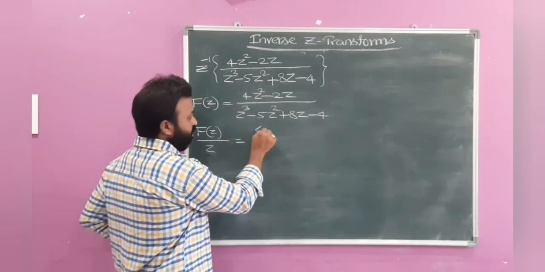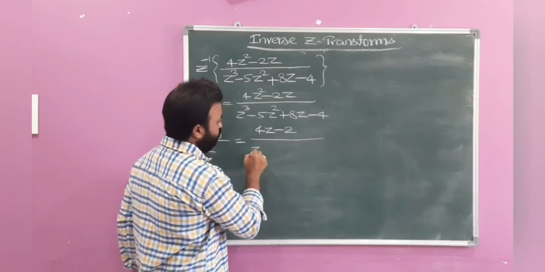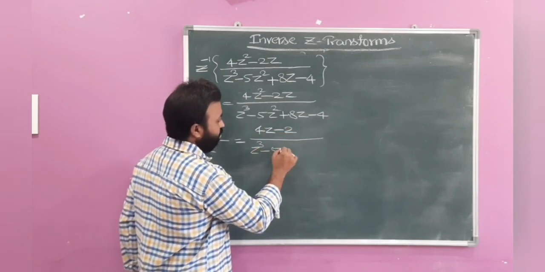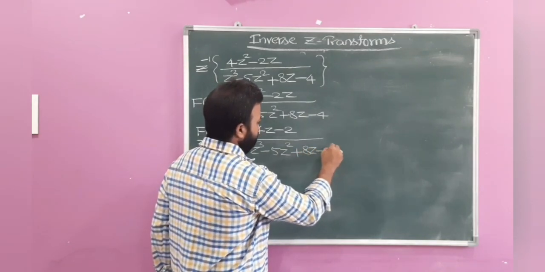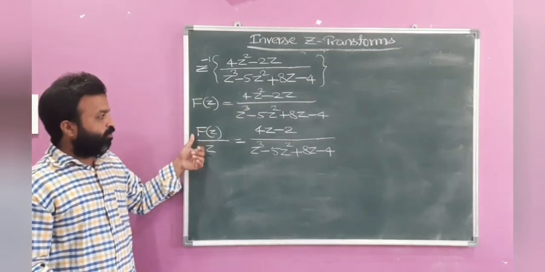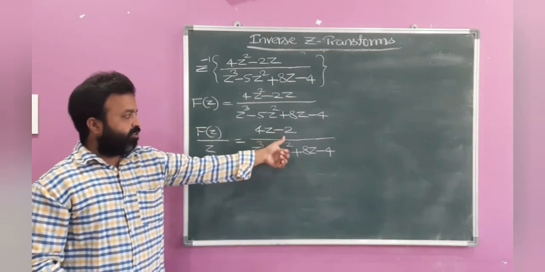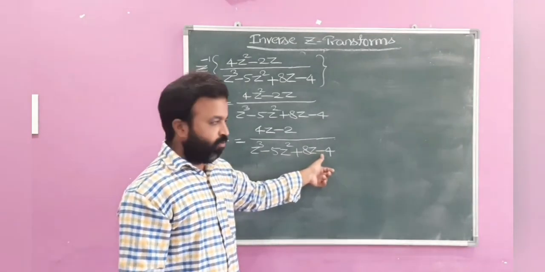Now the numerator becomes 4z minus 2 by z cube minus 5z square plus 8z minus 4. So we rewrite the given equation in the form of f of z by z equal to 4z minus 2 by z cube minus 5z square plus 8z minus 4.